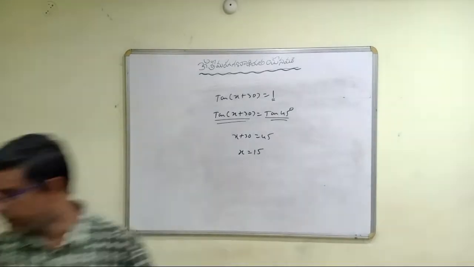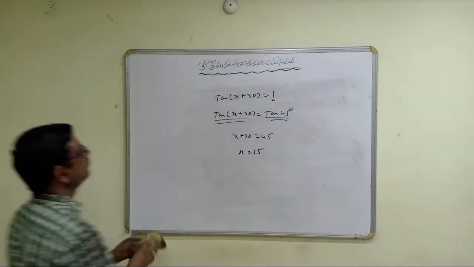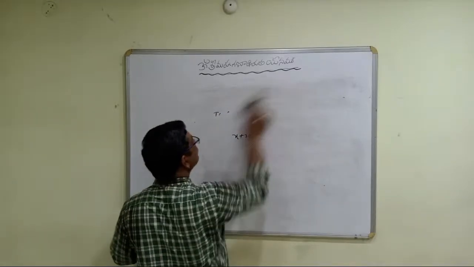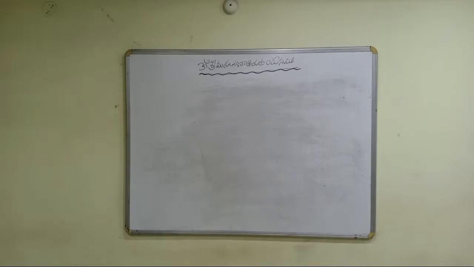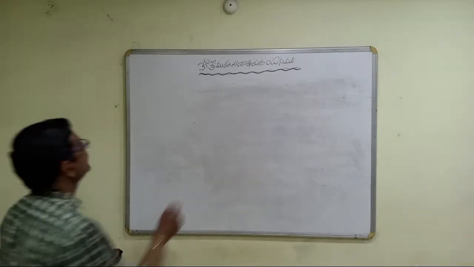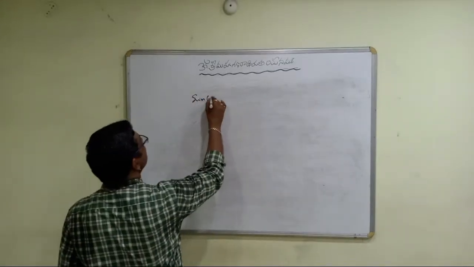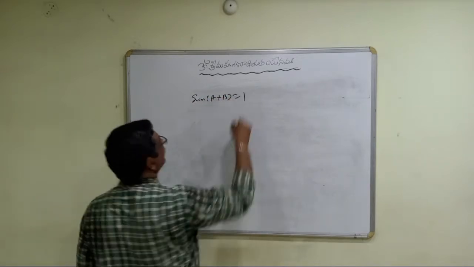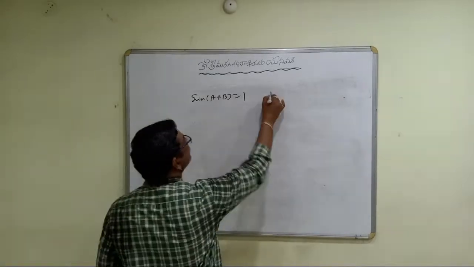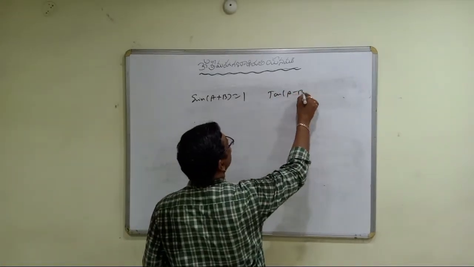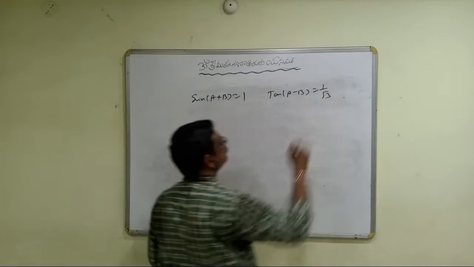Okay? One more problem. Sin(A plus B) is 1 and tan(A minus B) is 1 by root 3.